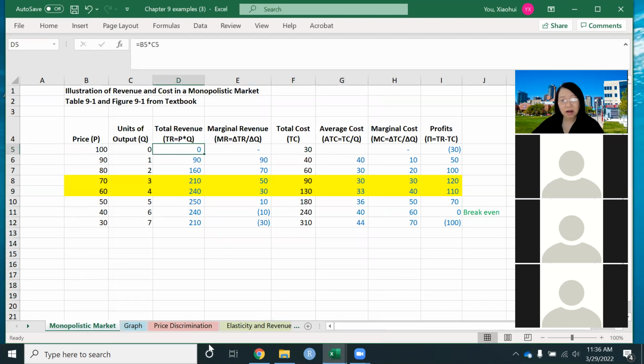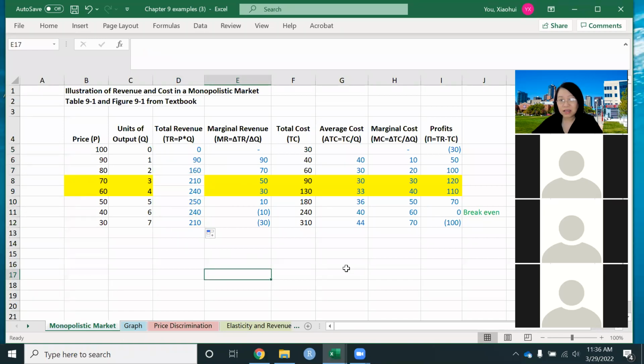After the first calculation, you only need to do the first one. Just click the cell, move the cursor to here, do the Excel recalculation, press it and drag, and then you will have all the values.